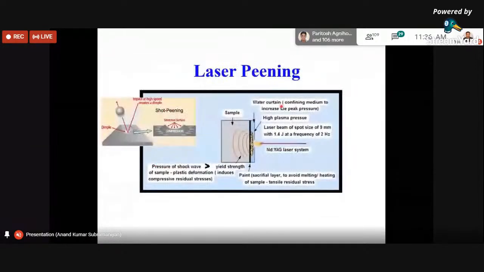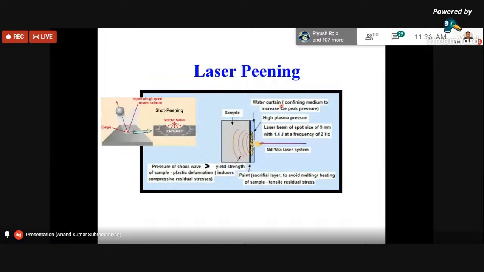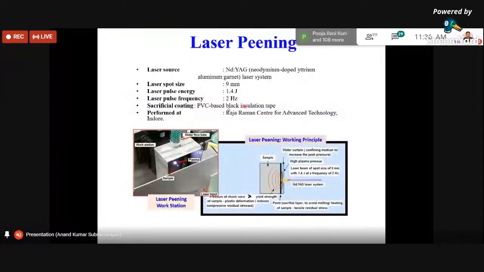So now I think this is the last case study that I have as a part of this talk. The laser peening case study is what we will look at from now on. And this is the laser peening workstation which has been optimized for these parameters.